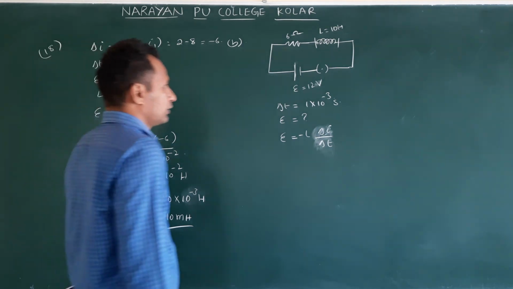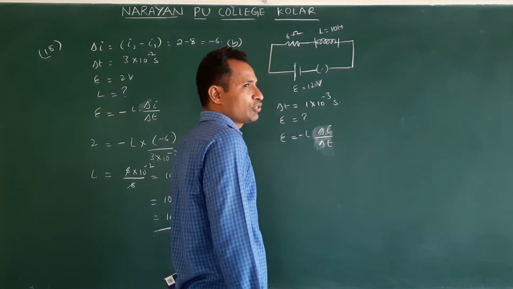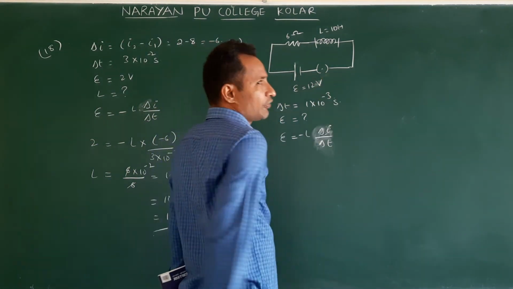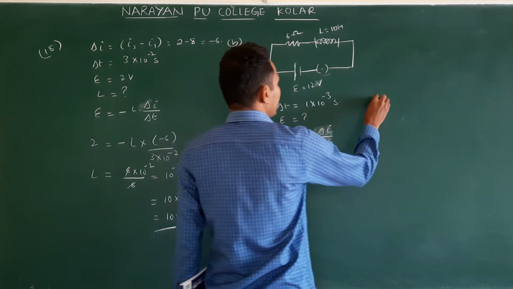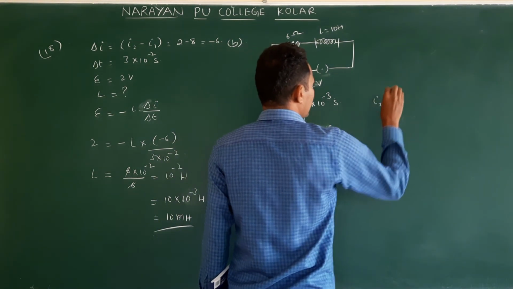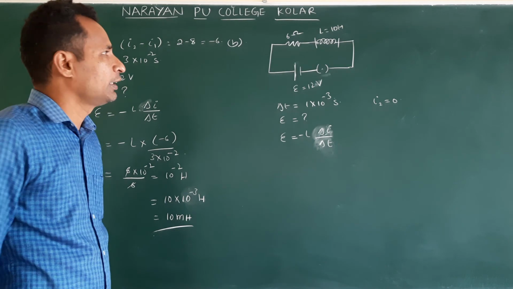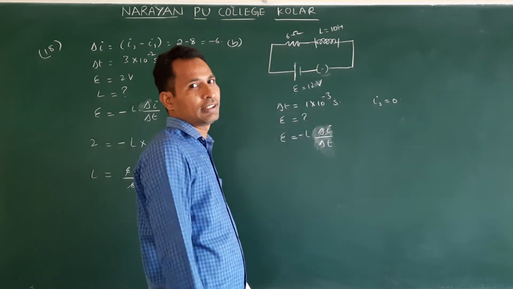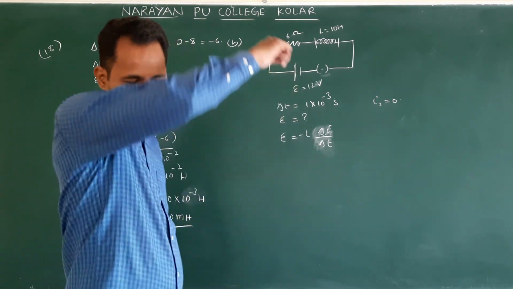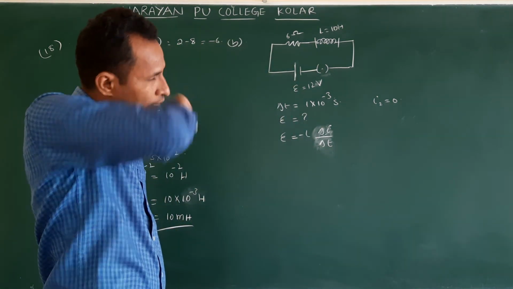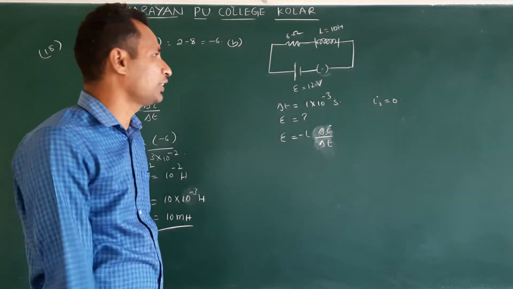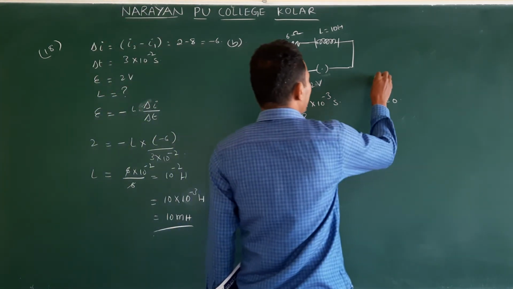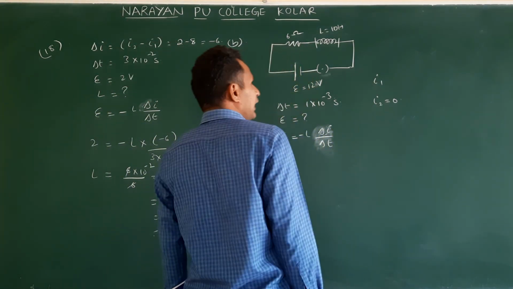What happens when switch is open? Current will become 0. Final current I2 is 0 when switch is open. Already the switch is closed, we are opening. Okay? Already circuit is closed. When the circuit is open, they are asking induced EMF. So we need to find I1. Then how do you get I1?